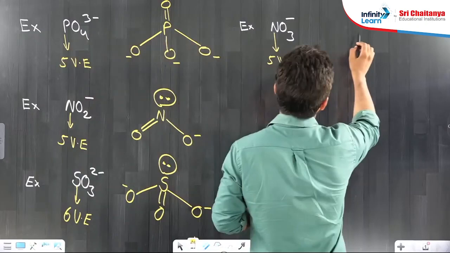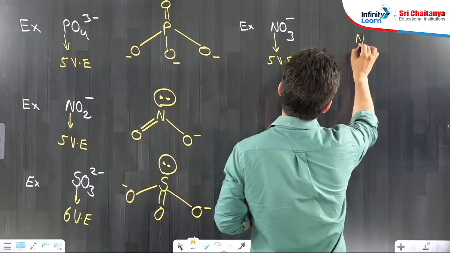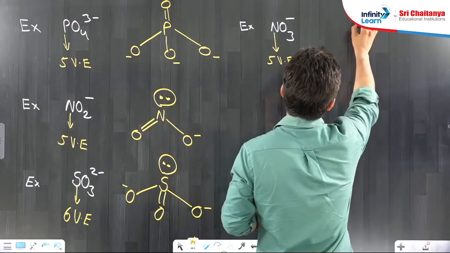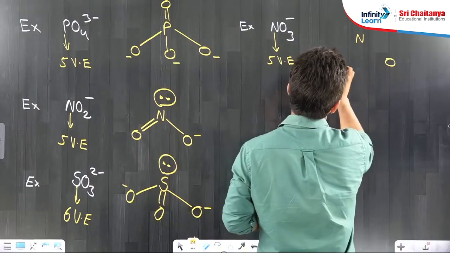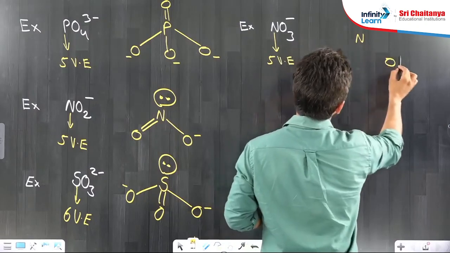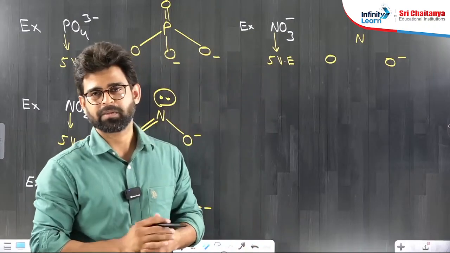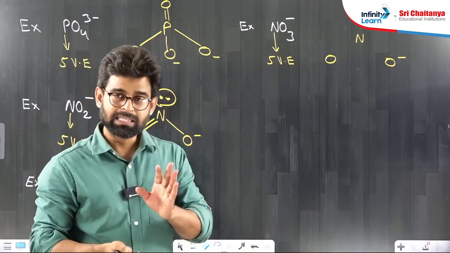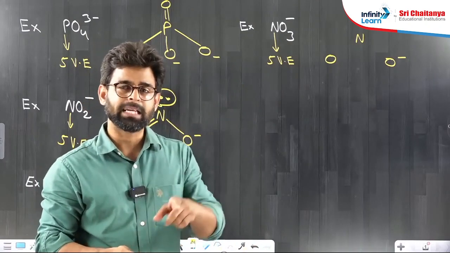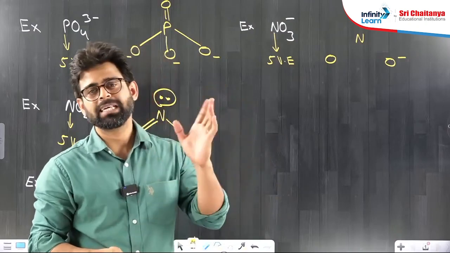So I will take here nitrogen, and oxygen, oxygen, oxygen, 3 oxygens, and NO3 negative. So one of the oxygen is having a negative charge. 5 valence electrons in nitrogen, and I have put the surrounding atoms as well.